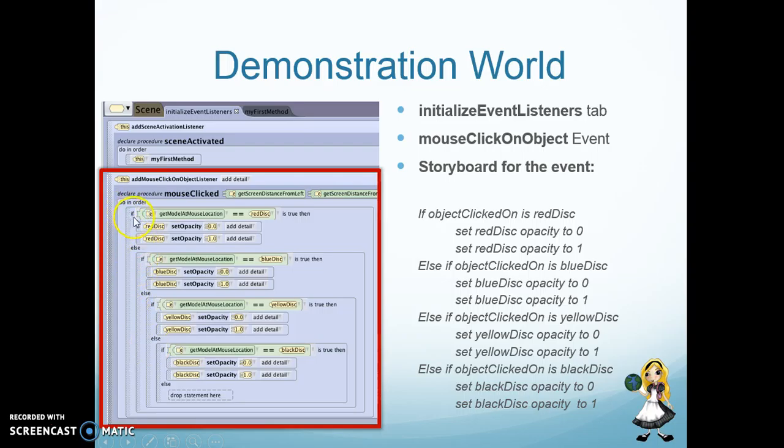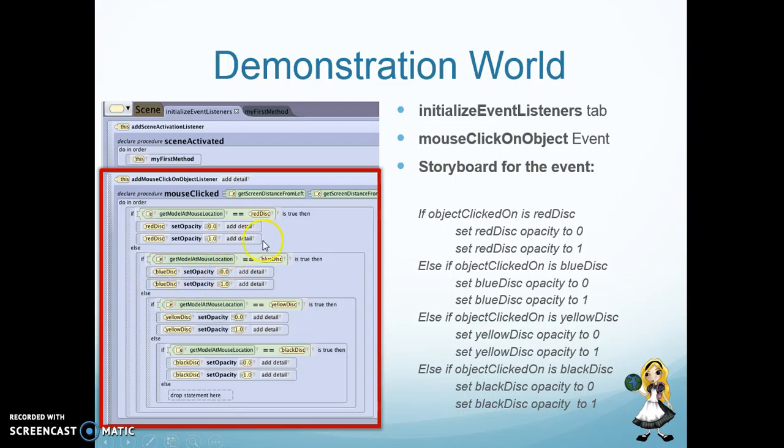So the idea is if where your mouse is, so this is you have set up parameters for clicking the mouse. If the mouse is on the red disk, then it's going to fade away and then come back in. Else, meaning otherwise, if you didn't click on the red disk, but instead you clicked on the blue disk, it will fade in and out.